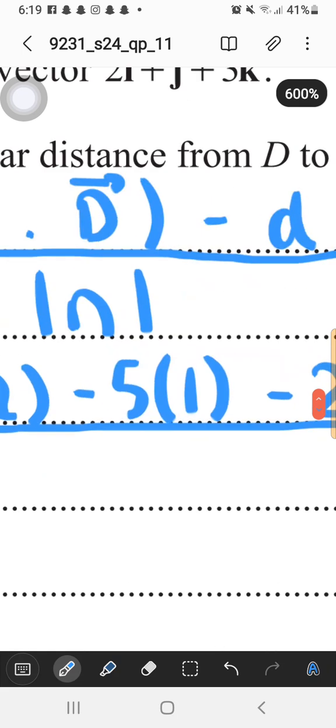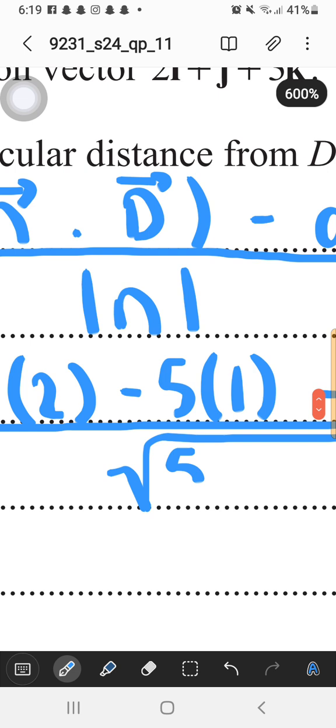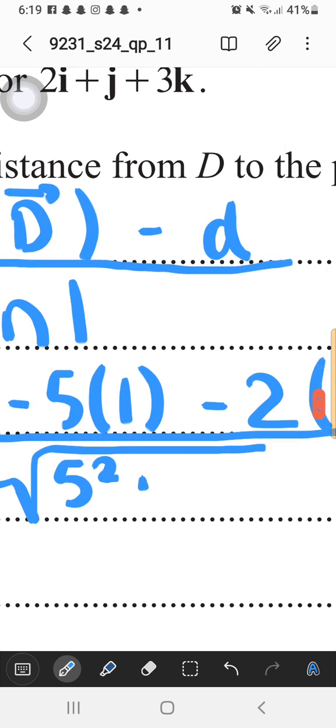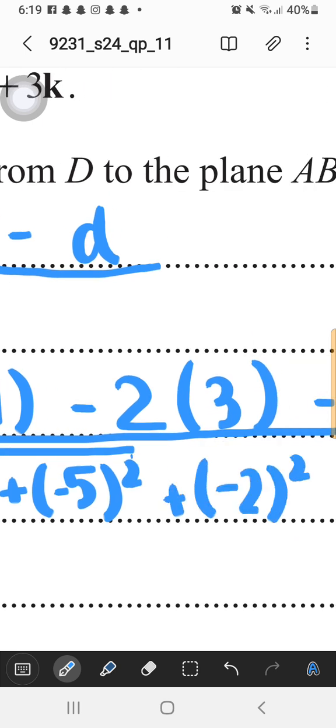Modulus is basically length, and we will find length like this: 5 square plus minus 5 square plus minus 2 square.